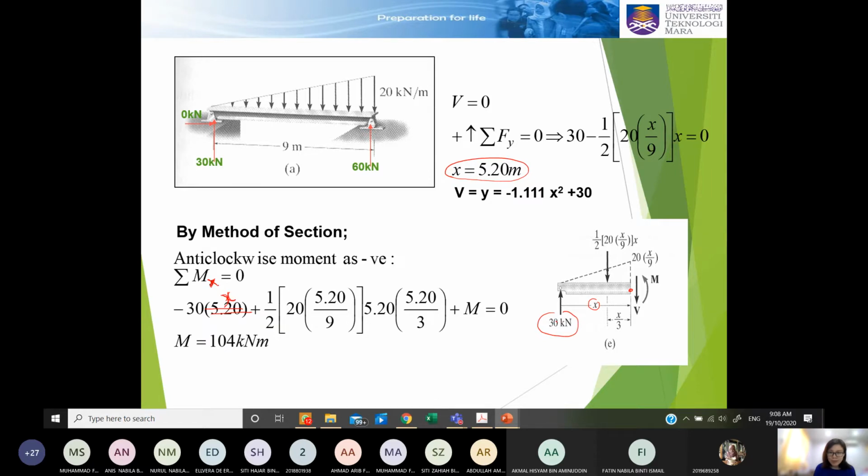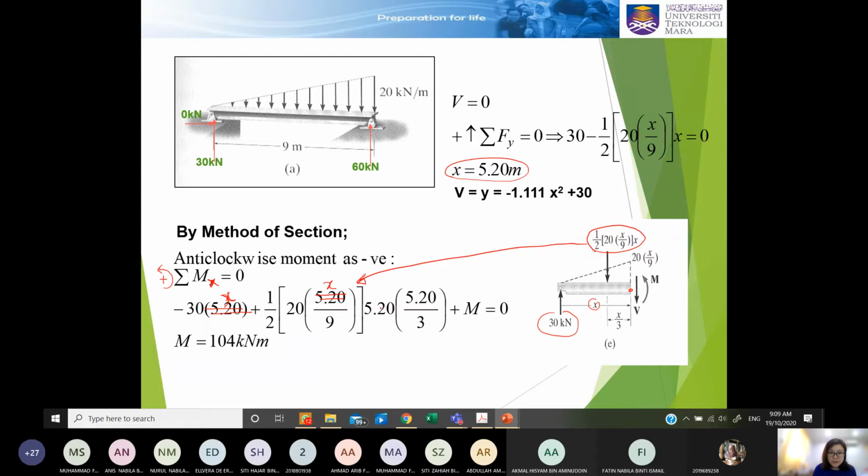So first of all, the moment will be 30 times x, negative, because this one, they put in the positive sign. Next will be the resultant force. Resultant will be half 20. Can you put this one as x? So you will need to put these resultants here.